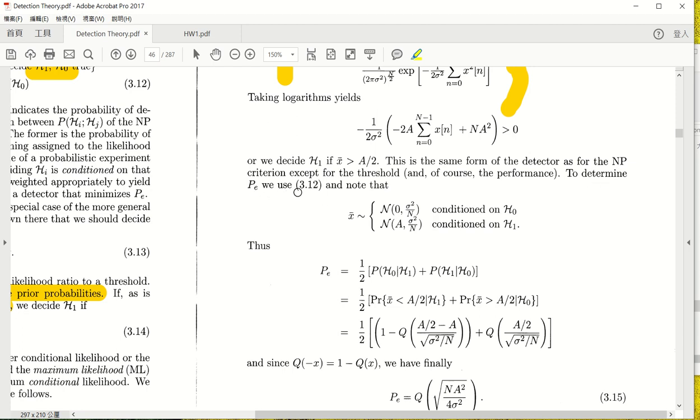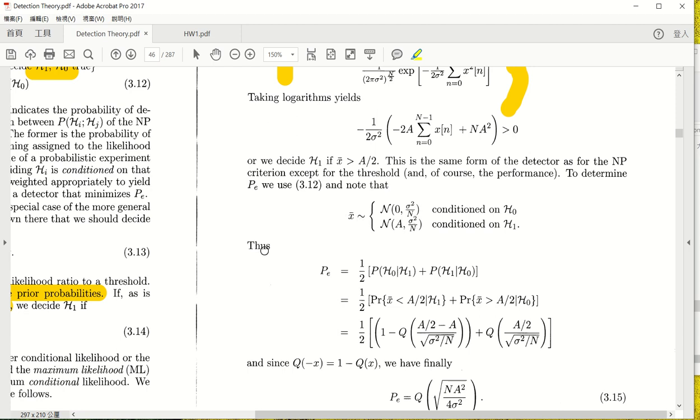To determine PE, we use 3.12 and note that X bar actually is Gaussian distributed with mean 0, and its variance is sigma squared over N. This can be from your undergraduate probability 大学部的几率课程，你再回忆一下，如果一个 sample mean 是 summation of sample 除以 n 的话，它的 variance 是什么？就是这个。好，我就不再重复证明了，但是我想你们可以回忆一下。Then X bar conditioned on H1 will be A with this.